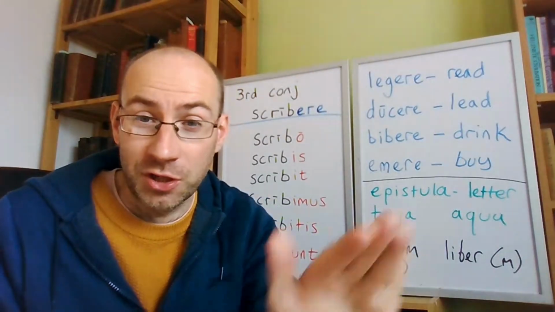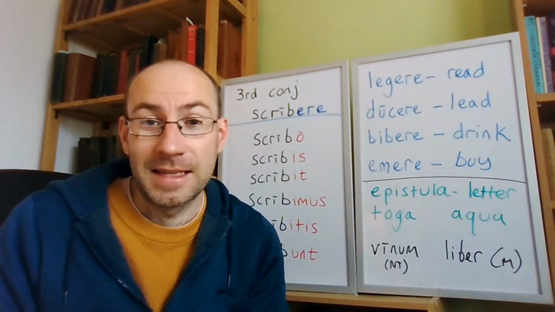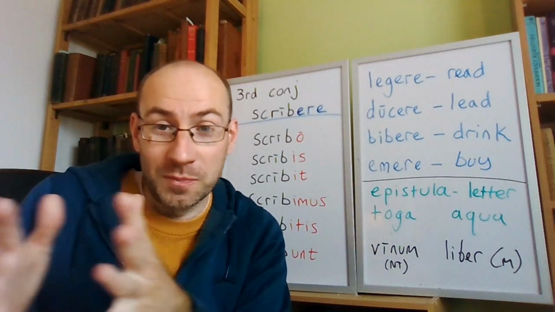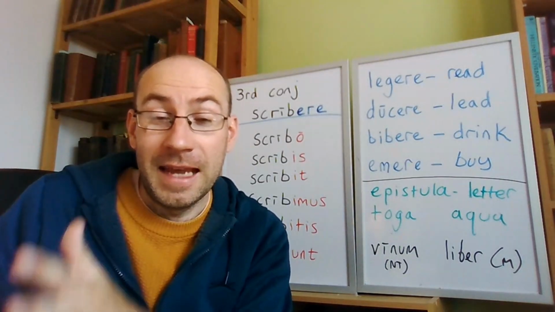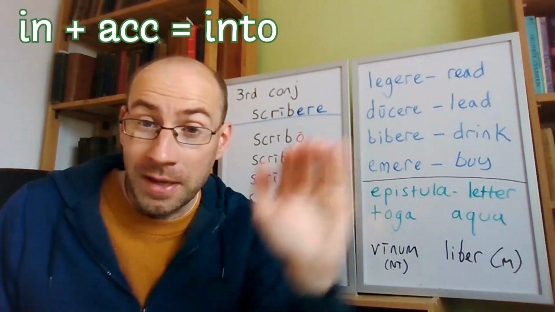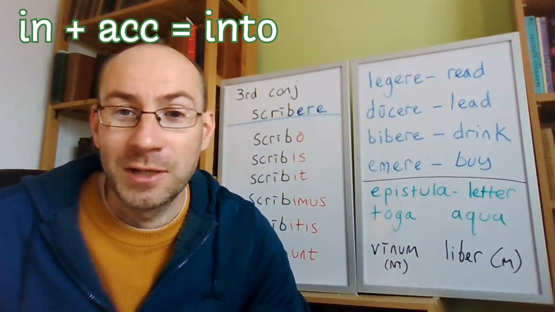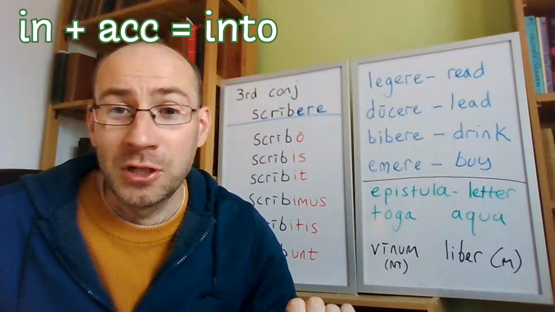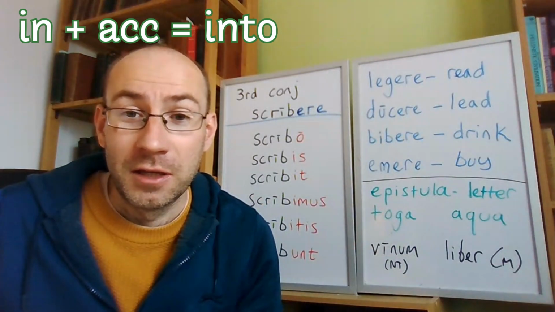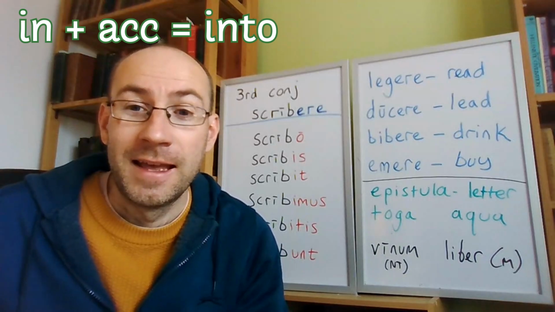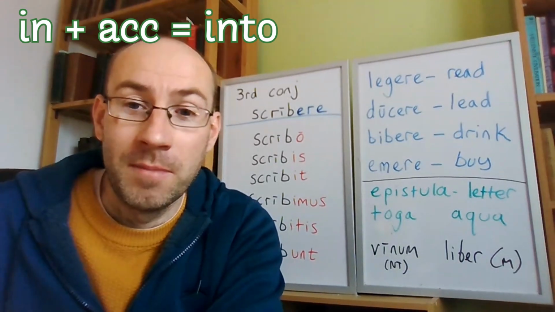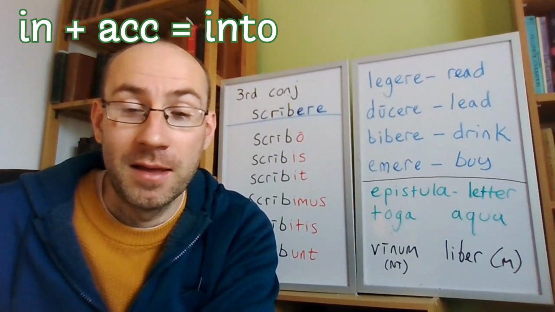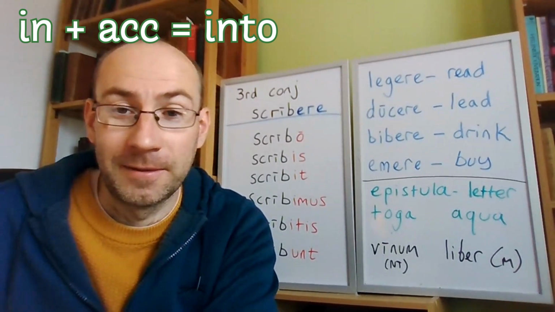You're going to a place, there's direction, as opposed to just being static. So in atrio sedet, sitting in the atrium, but going into it's going to be in plus accusative. We've had ad plus accusative, now in plus accusative. Going into a place. Servus vinum in atrium, in villam, in collinam portat.